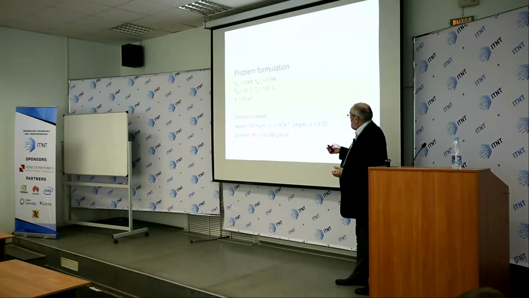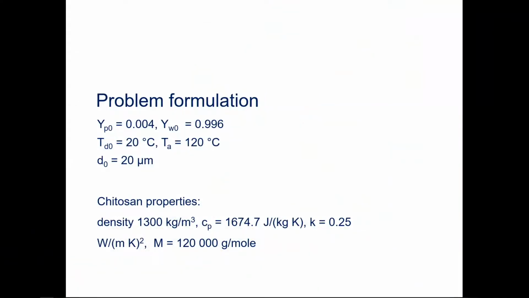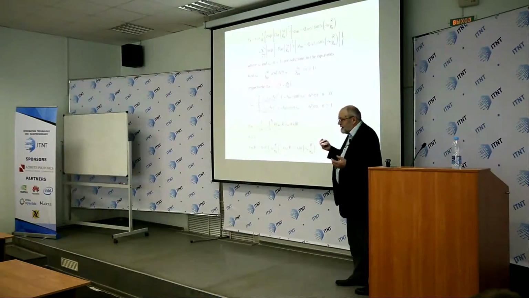And here we have the formulation of the problem. We have a Chitosan which is dissolved in water, and the mass fraction of Chitosan is 0.4%, and the mass fraction of water is 99.6%. These are the initial conditions, these are the properties of ambient air, and these are the properties of Chitosan.